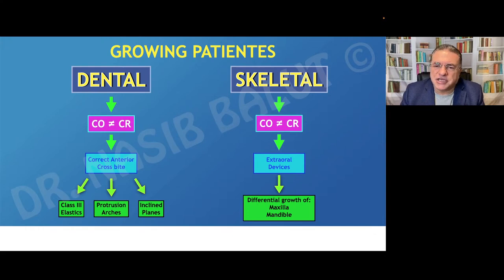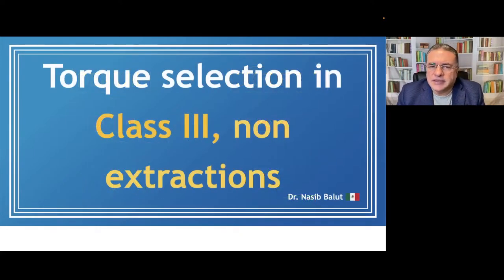In most of these patients, I like to expand and use a face mask before I start with fixed appliances. Second, once I have the proper diagnosis and I'm going to start using my Damon system, I will do my torque selection in class 3 when I'm not doing extractions, which will be very rare in a growing patient.